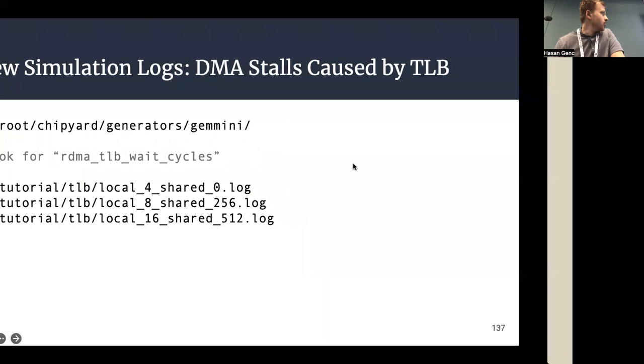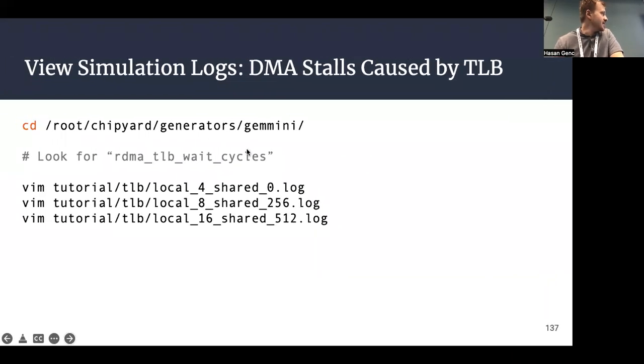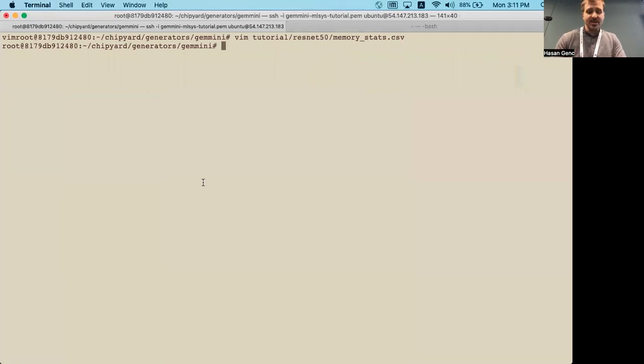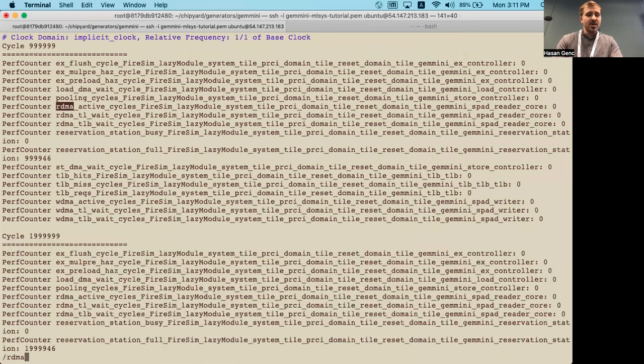So we can look in the logs that we looked at earlier. We can look for each of these different configurations within the FireSim logs, and we can search for TLB wait cycles.